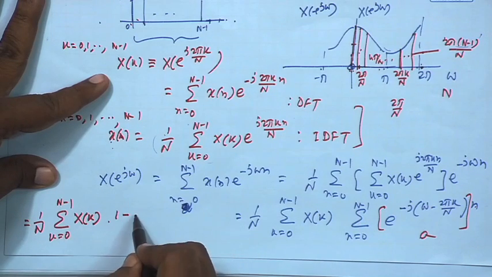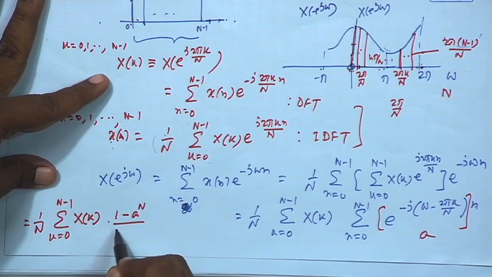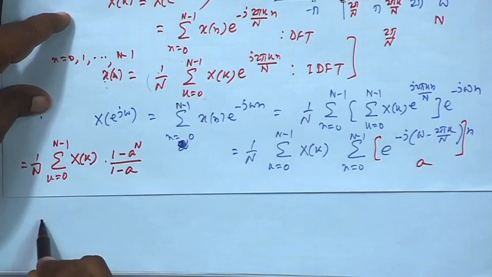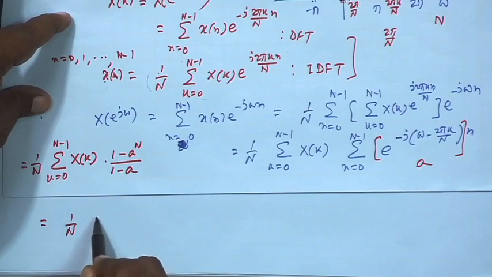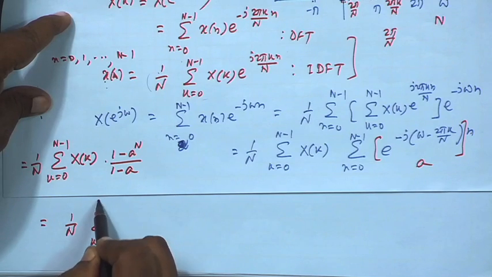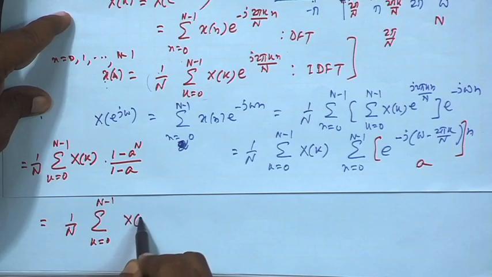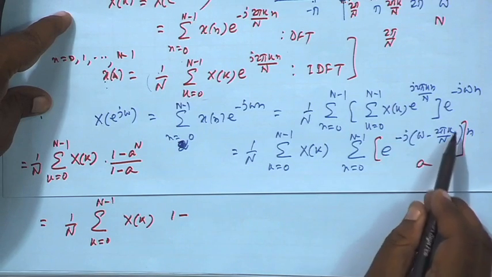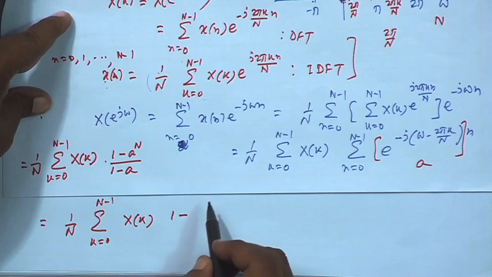So, the summation will be this elementary GP series formula, and this a value if you substitute, this is X k times 1 minus, this is your a. Okay.